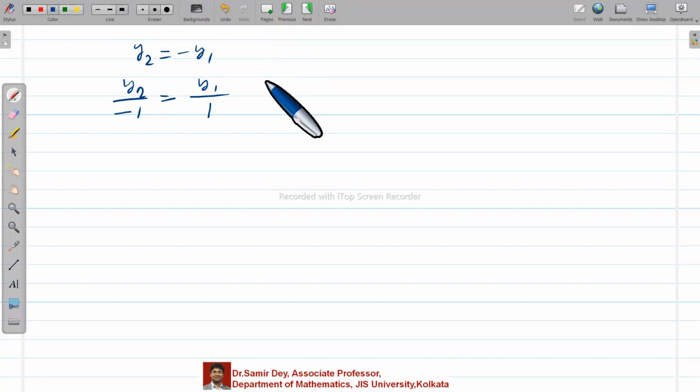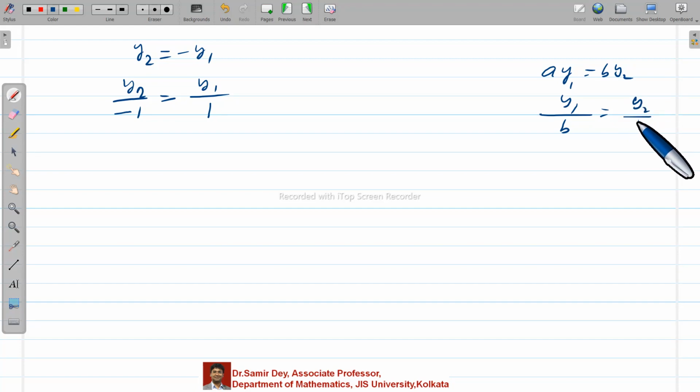Okay, same process. y1 by a, y2 by b, cross multiplication. y1 should be here and y2 should be here, then cross multiply. Same thing, y2 is here, y1 is here, cross multiply is equals to same k2.